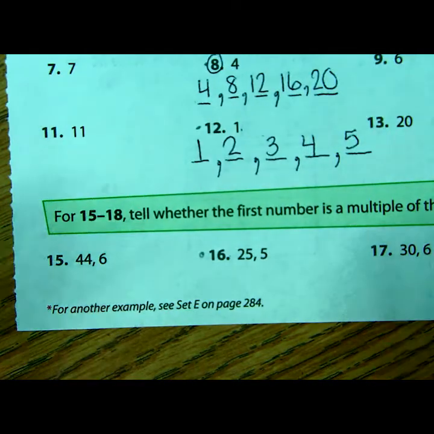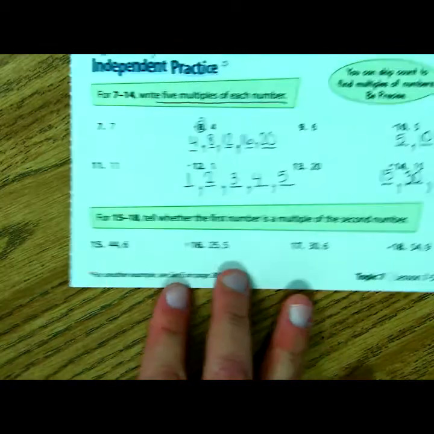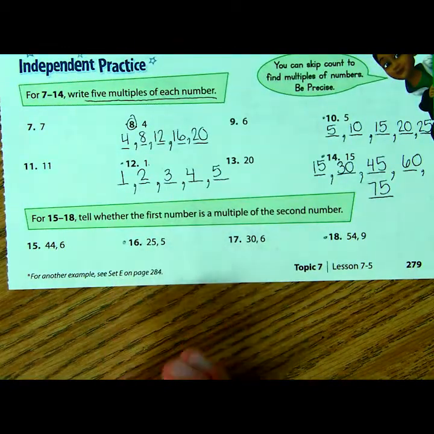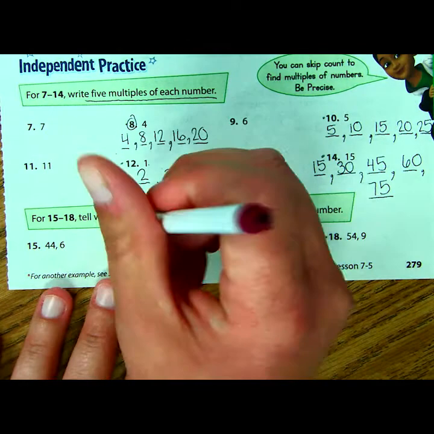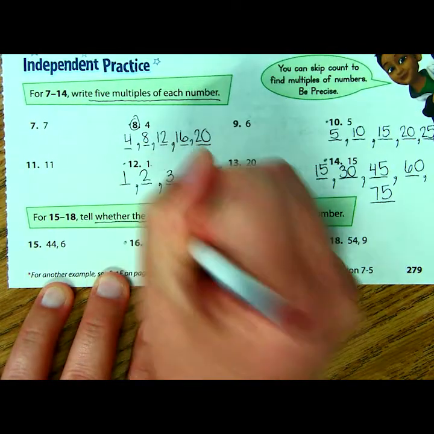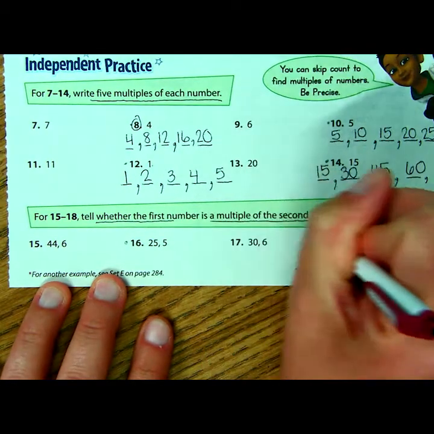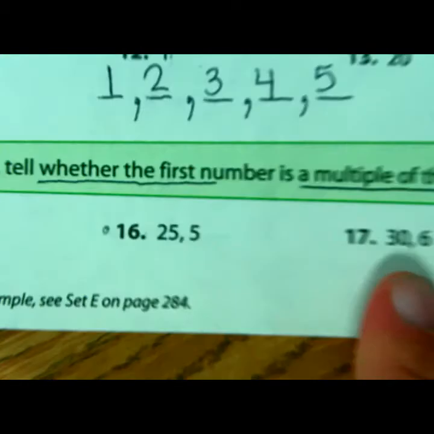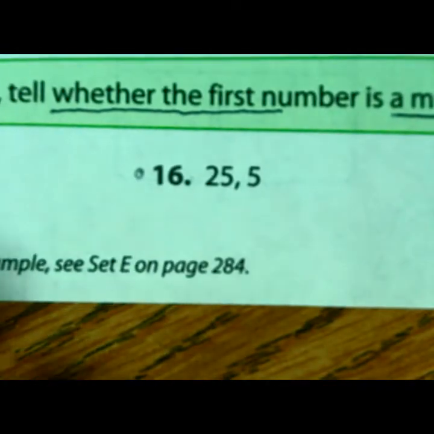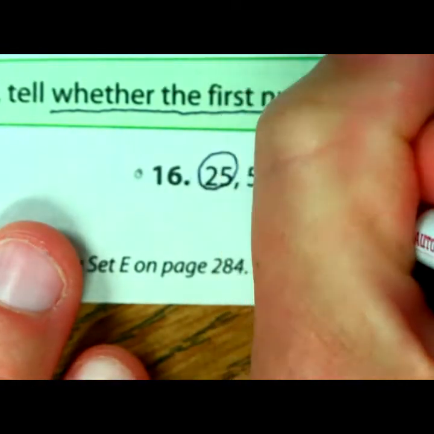Now let's look at the directions for 16 and 18. The directions are asking us to tell whether the first number is a multiple of the second number. So if we look and zoom in on question 16, we can see that we have 2 numbers here, 25 and 5.